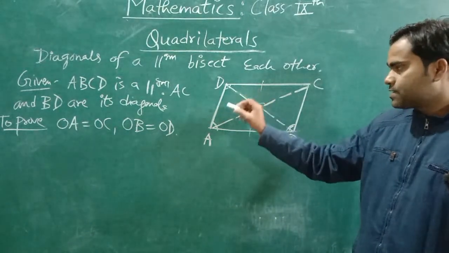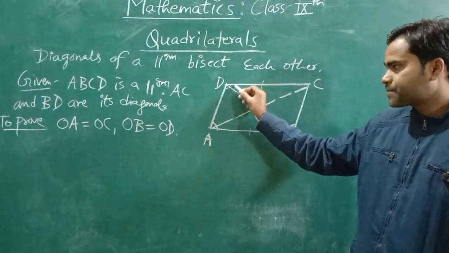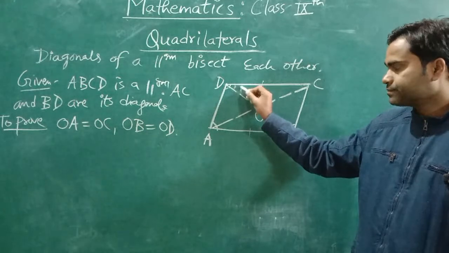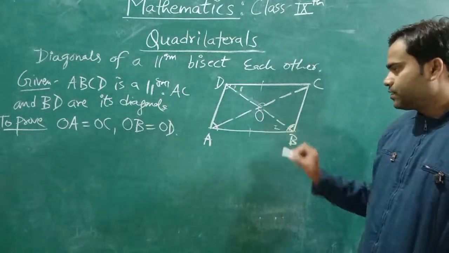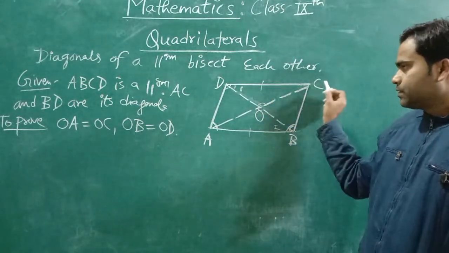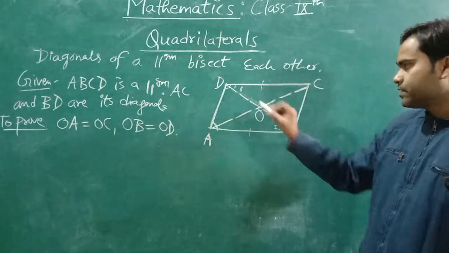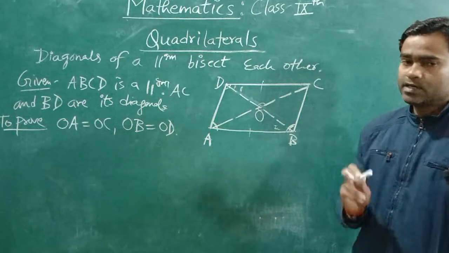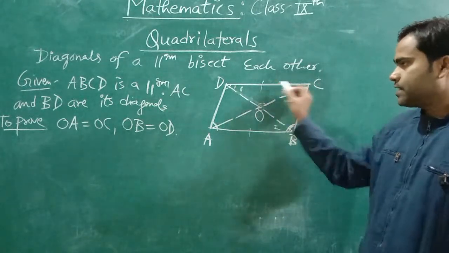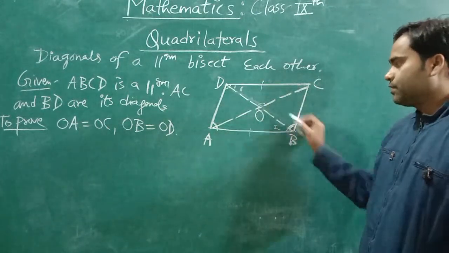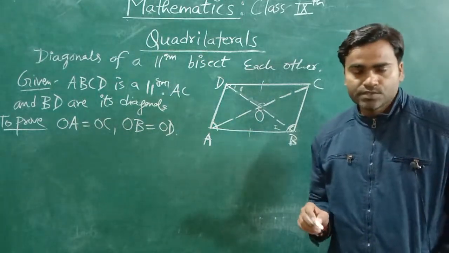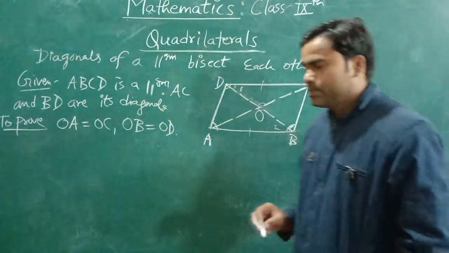And also at last we will write angle 1 is equal to angle 2, AB parallel CD and BD is transversal. Then angle 1 and angle 2 are alternate angles. Or you can write angle CDO is equal to angle ABO. These two are alternate angles.